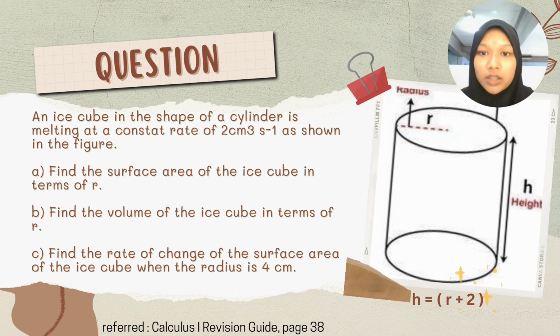An ice cube in the shape of a cylinder is melting at a constant rate of 2 centimeter cubed per second, as shown in the figure. Question A: Find the surface area of the ice cube in terms of r. Question B: Find the volume of the ice cube in terms of r. And the last one is C: Find the rate of change of the surface area of the ice cube when the radius is 4 centimeters.